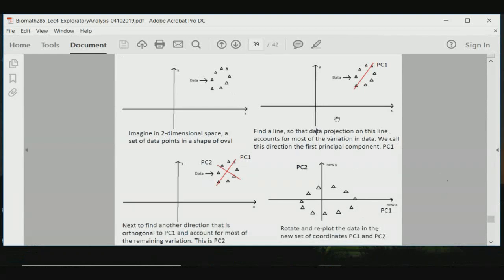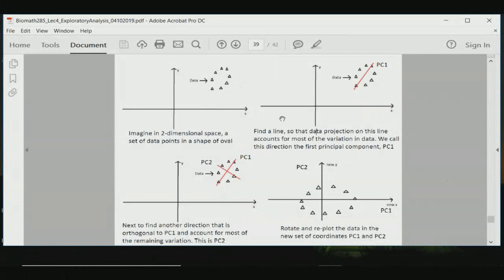But of course, in reality, when principal components are actually calculated, a procedure called singular value decomposition is used. It's a matrix decomposition, so that you can actually calculate the PC1, PC2, and PC3, etc. So imagine if we have only 2 dimensions. Well, this would be overkill for PCA, but just for demonstration. Imagine you only have 2 dimensions, and all your data points fall into an oval shape.